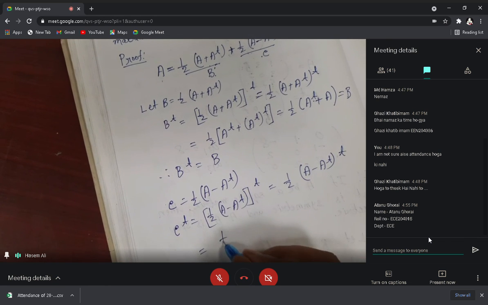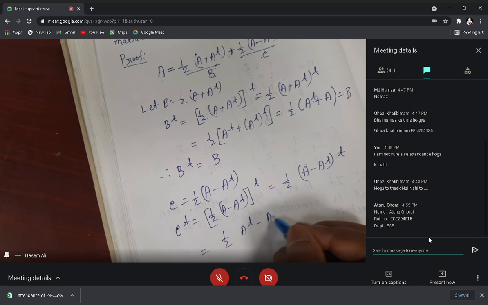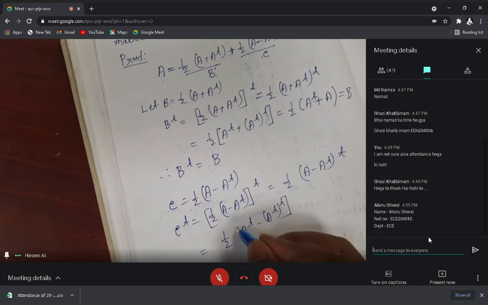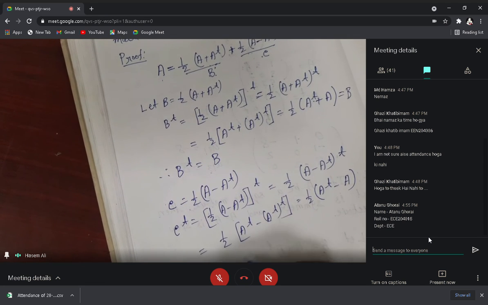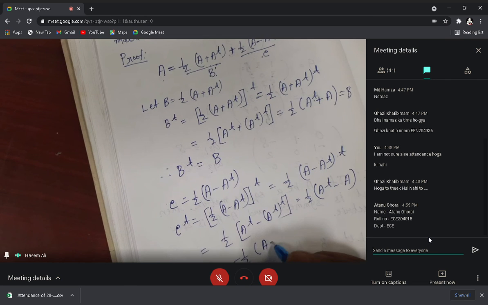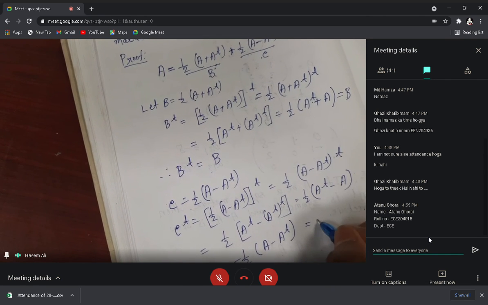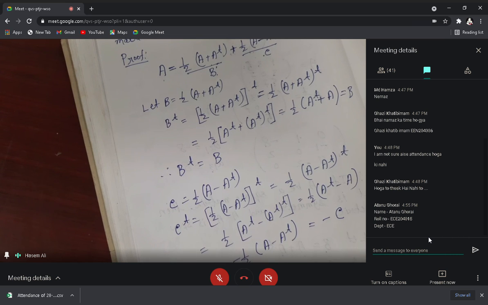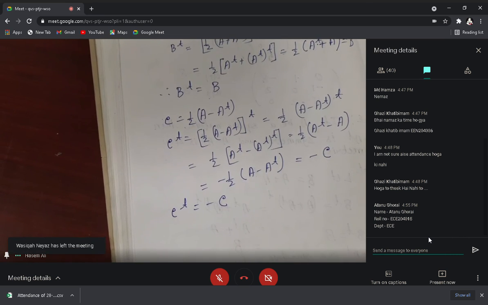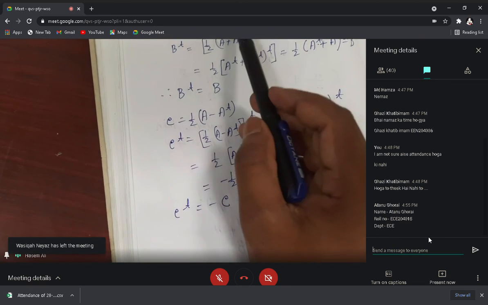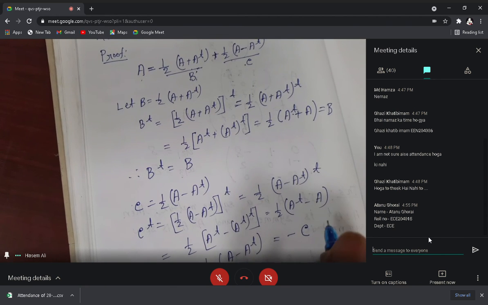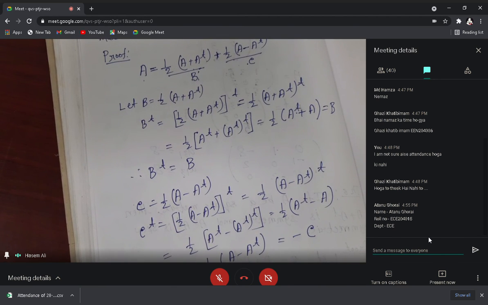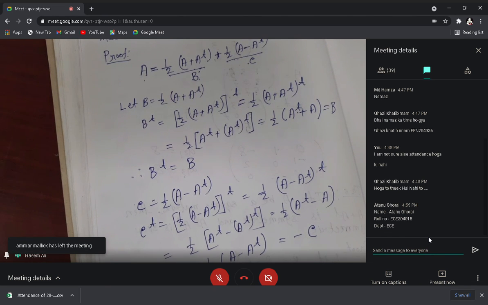So this equals half of A transpose minus A transpose transpose, so half of A transpose minus A. So this equals minus half of A minus A transpose, which equals minus C. So C transpose equals minus C. So B is a symmetric matrix and C is a skew-symmetric matrix. So a matrix can be uniquely expressed as a sum of a symmetric matrix and a skew-symmetric matrix.